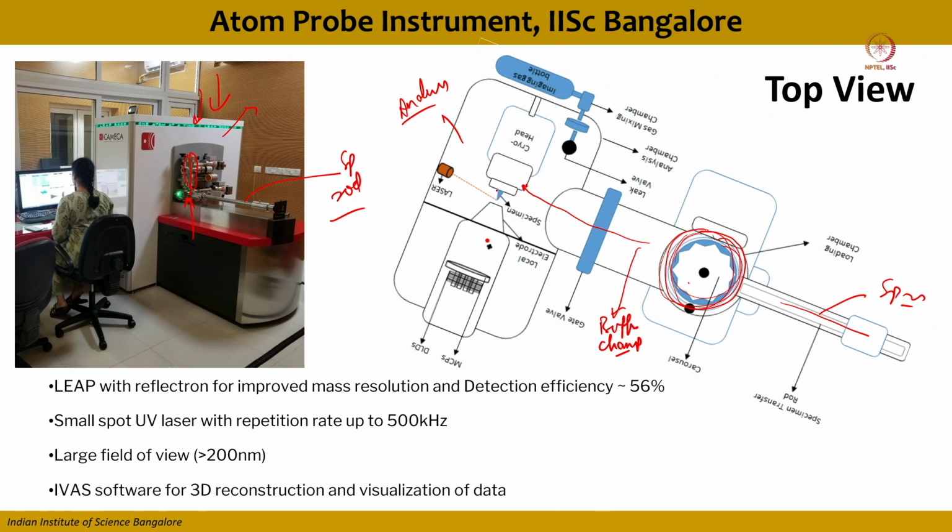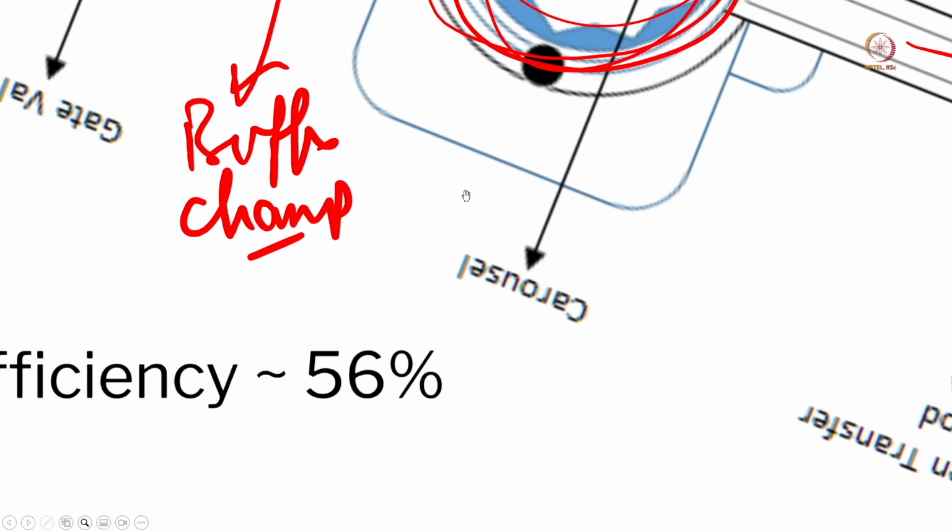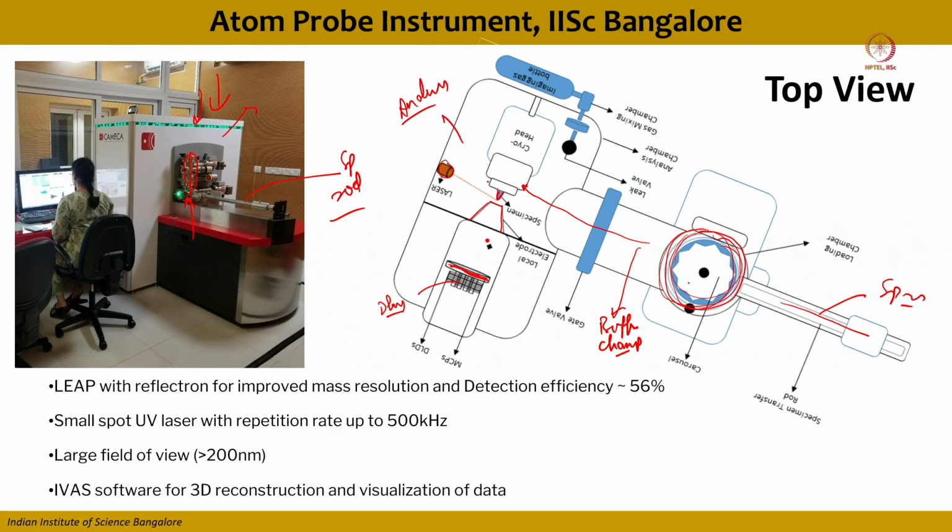Okay, so this is your atom probe specimen, this is your laser, this is your electrode, and at the backside there is an MCP plate, and this is your delay line detector. Okay, so you are applying a DC voltage between the tip and the electrode.